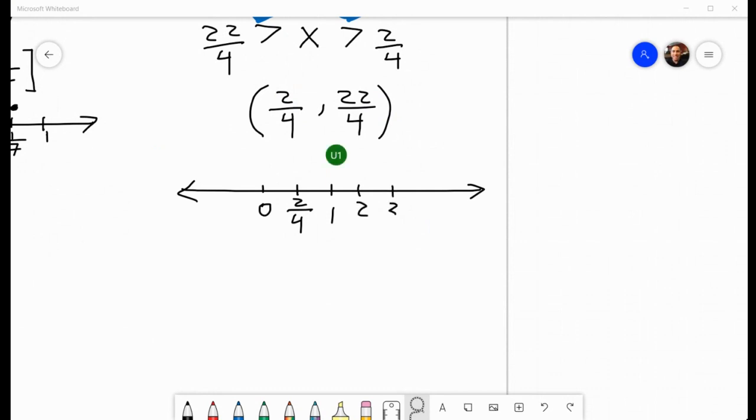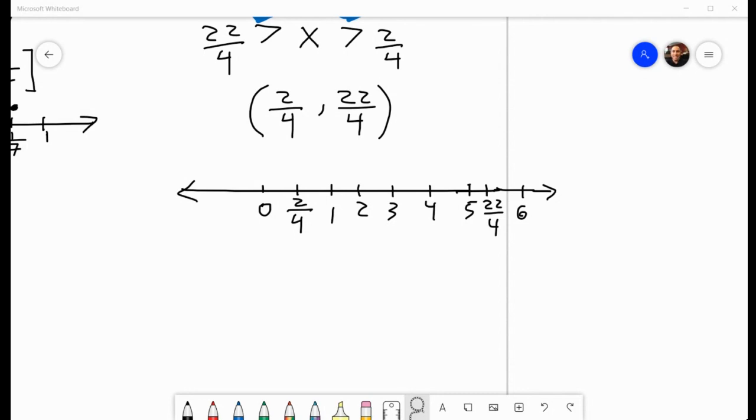So bear with me, 3, 4, 5, off the page. Well, that's okay. Again, it's between 5 and 6. So just make some more room. There we go.